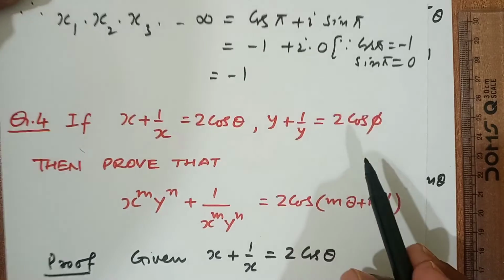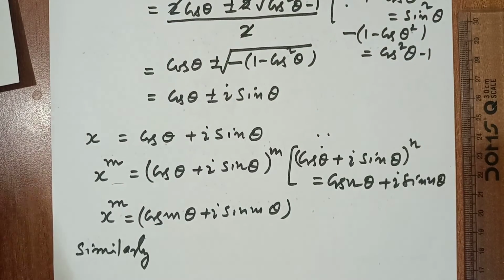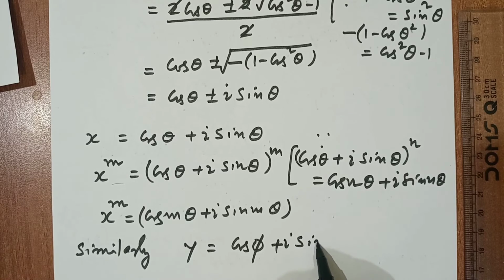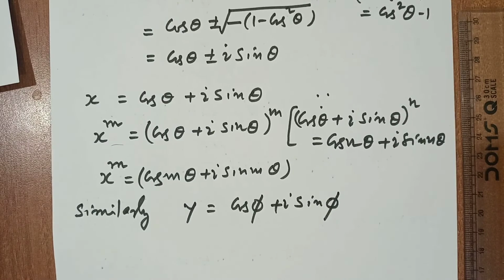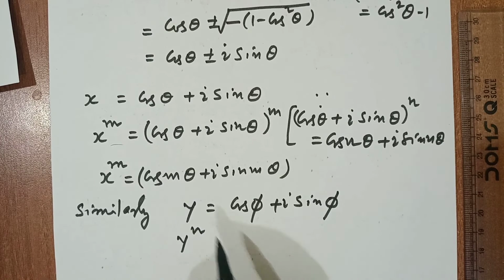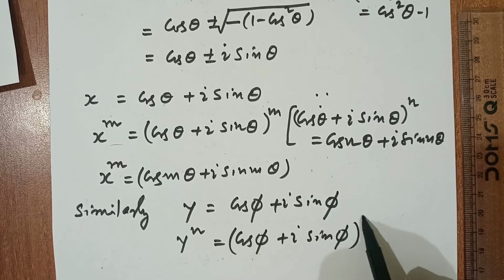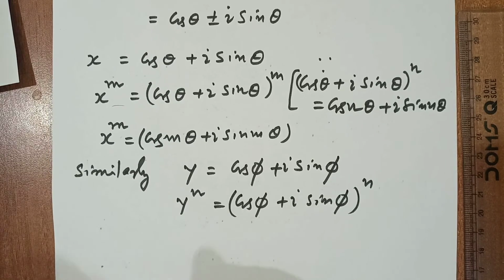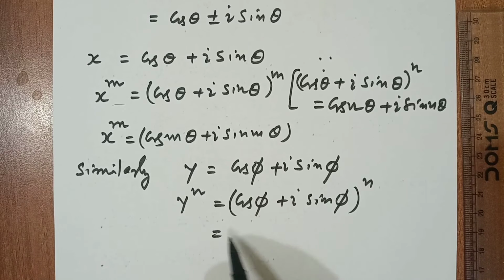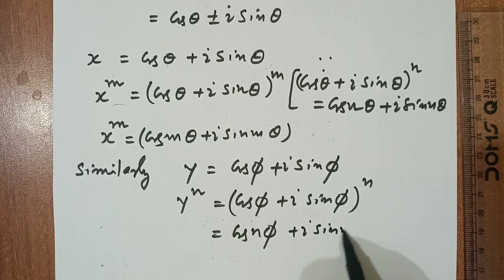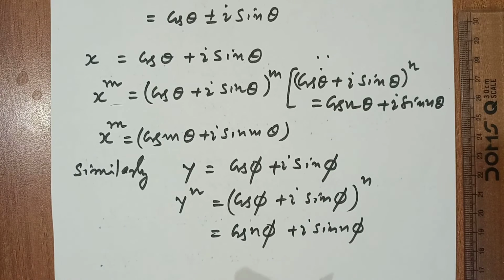We can solve it easily, so y is equal to cos phi plus I sin phi. So y to the power n is equal to (cos phi plus I sin phi) to the power n. Now, by de Moivre's theorem, this is equal to cos n phi plus I sin n phi.